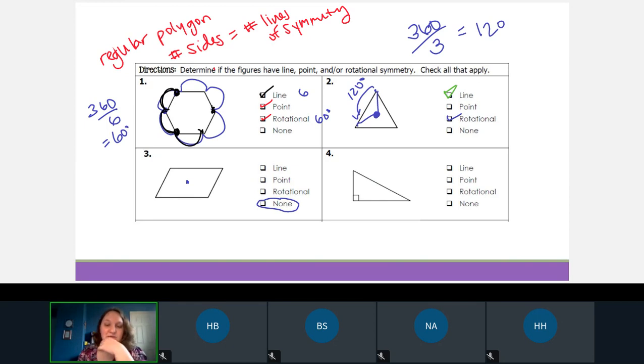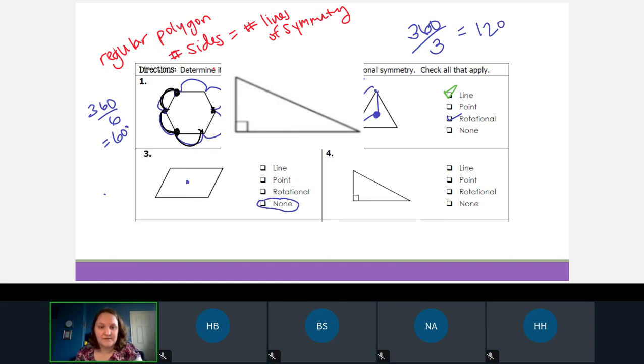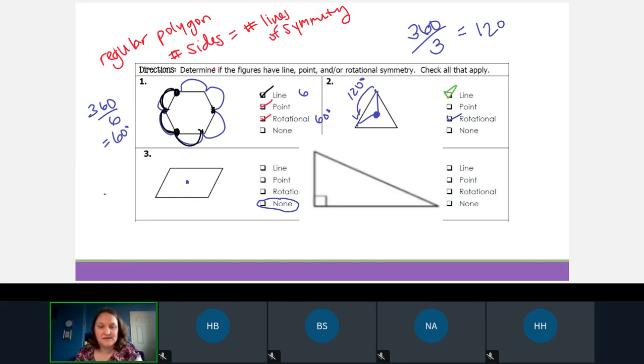As for point symmetry, can you turn it upside down and it look exactly like itself? Well, it would land on top of itself, really. So if I took this and turned it upside down, why does it paste in there so ginormous? Sorry. And turn it upside down.